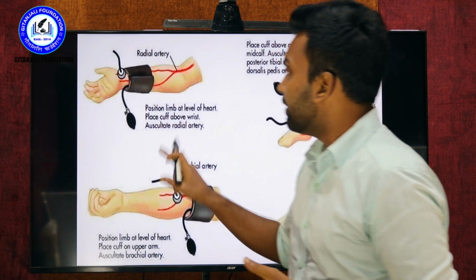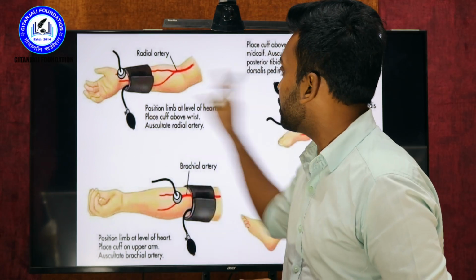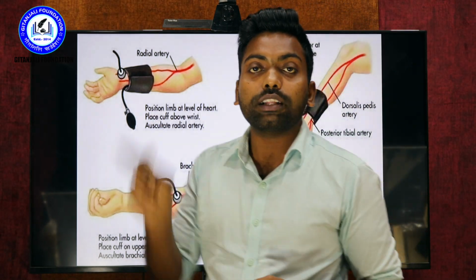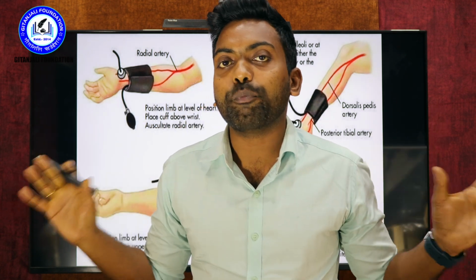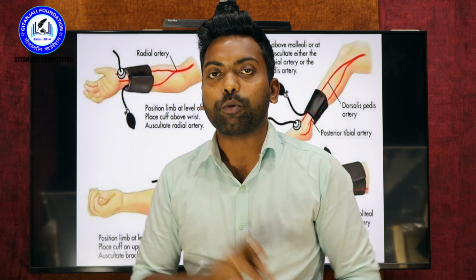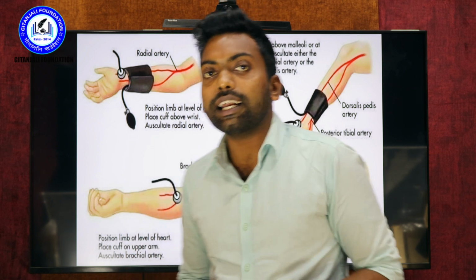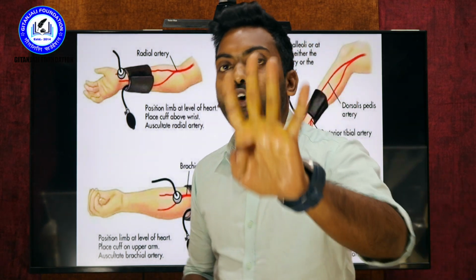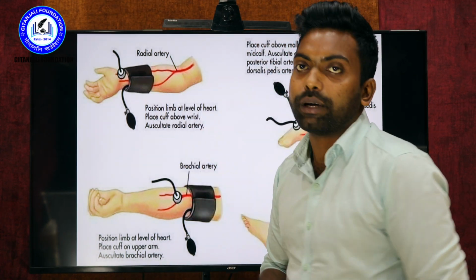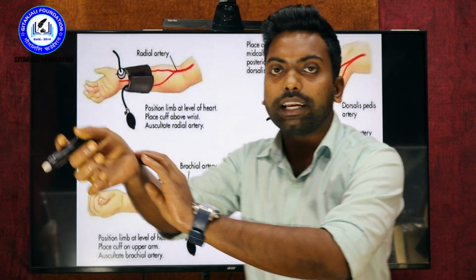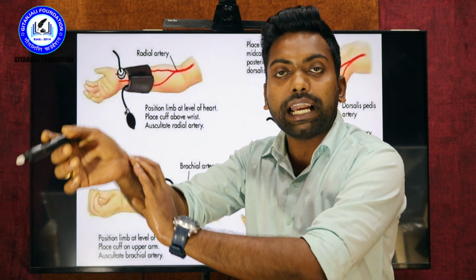My dear students, there are exact, accurate positions, and they depend on our pulsation. There are a lot of pulse sensation sites in our human body, but mostly we prefer four pulse sites. The first pulse site is the radial pulse. Everyone can feel this; this is the actual radial pulse.